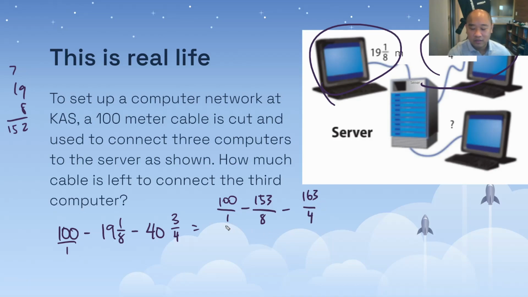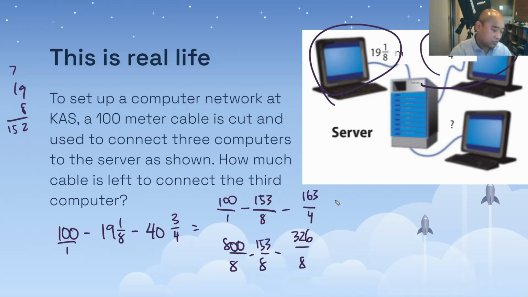Great. And then we're going to turn these all into 8s. And so this is going to be 800. And this is going to stay 153. And this is going to be 326. I hope I'm right. Dear Lord, I hope I'm right.